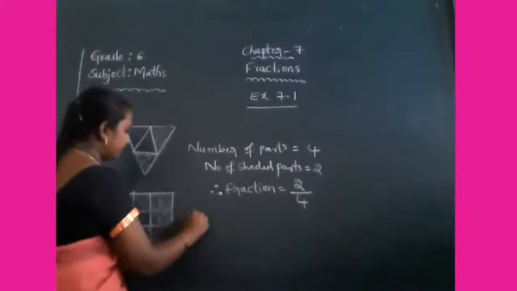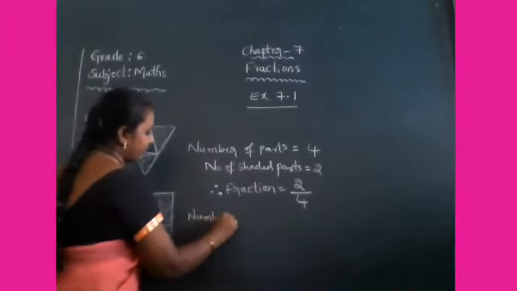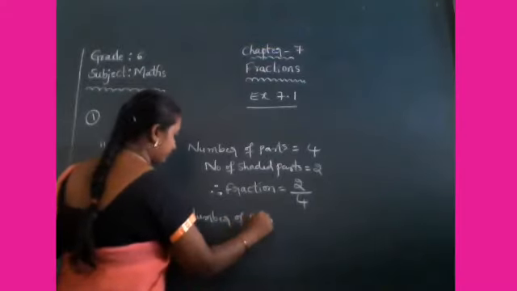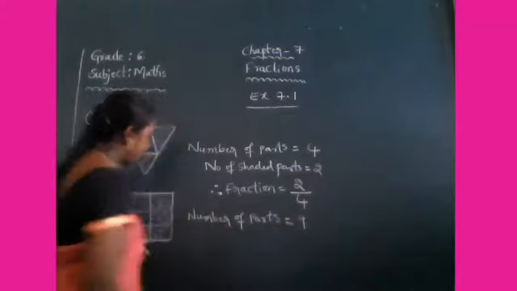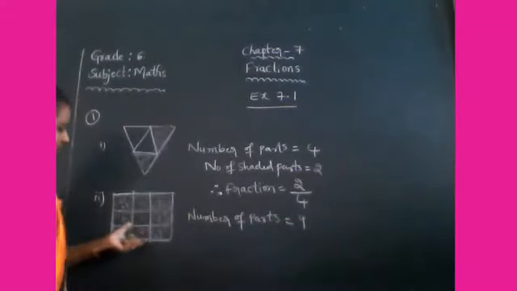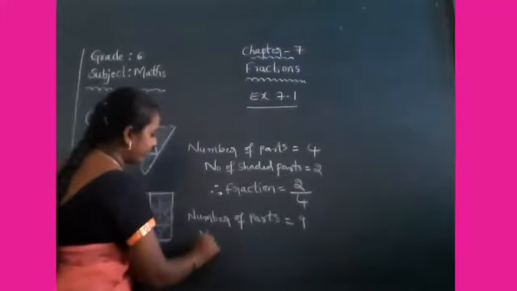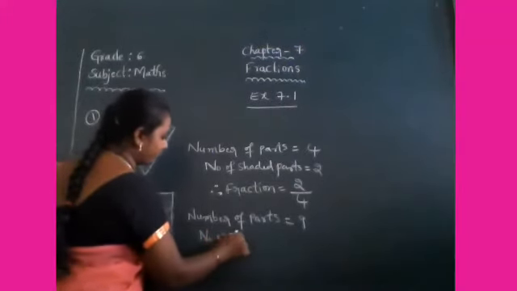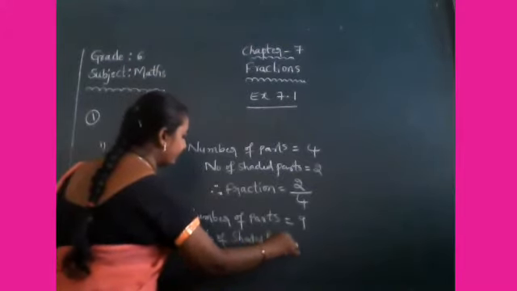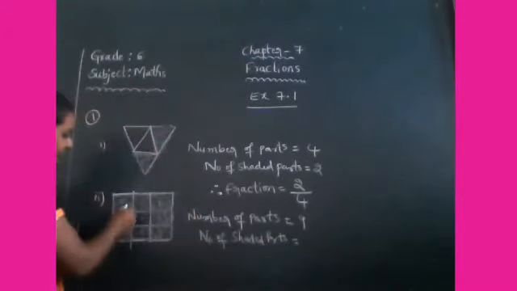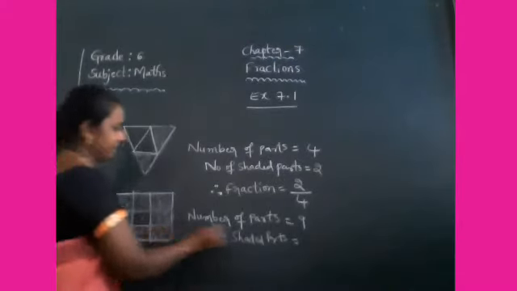So the number of parts is equal to 9. For the shaded portion, how many parts are shaded here? Count the number of shaded parts: 1, 2, 3, 4, 5, 6, 7, 8.